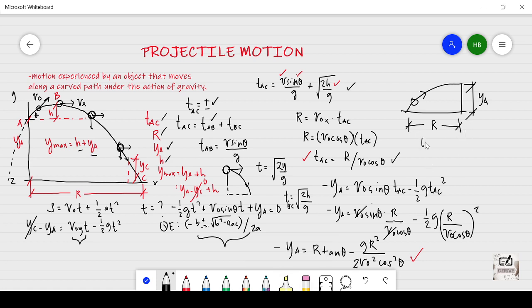So your YA here is positive. Okay, so ang final formula pala is lagyan mo lang ng plus minus to. Kapag pababa, of course, use the minus. Kapag pataas, use the plus. Okay, yun lang guys. There you have it. You have your derived formula.